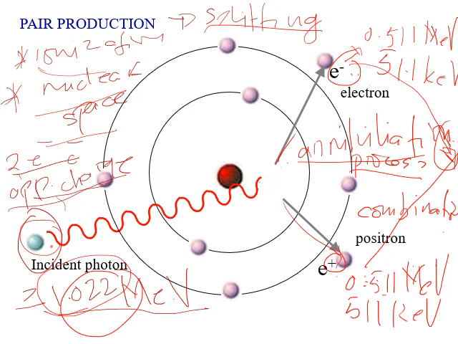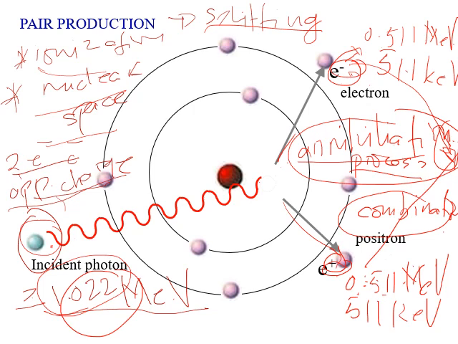So, it splits into two electrons with opposite charges. And the energy of each electron is 0.511 MeV or 511 keV. Later, when they unite, because one is negative and the other is positive, when they combine, the process is called annihilation process. Okay? So, that is for pair production.